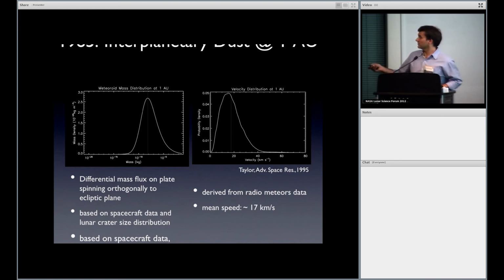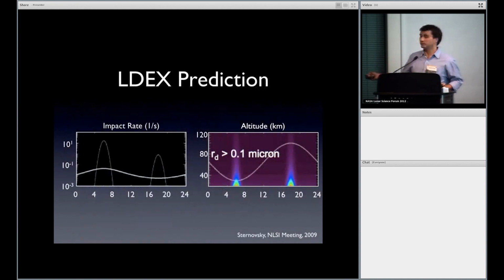So we know that the distribution peaks at around 100 micron particles, 10 to the minus 9 or so kilograms, and the velocity distribution measured by radars of meteoroids falling into the Earth, and then applied to the lunar case, is about 17 kilometers per second. So these are the most common particles: 100 microns, 17 kilometers per second.